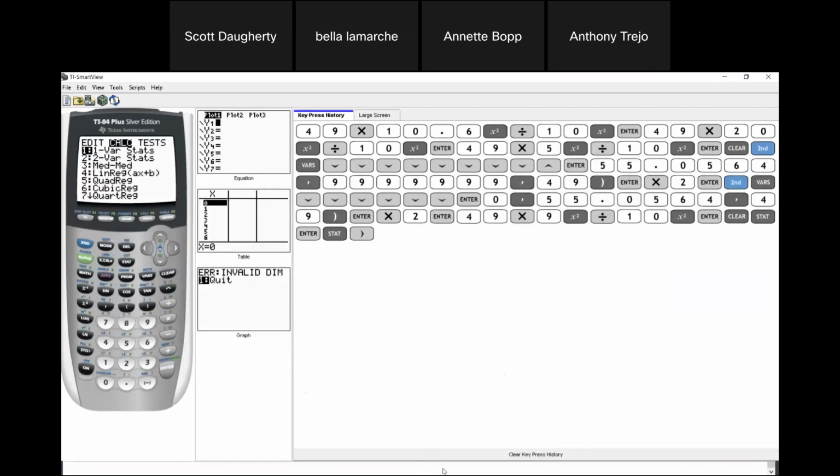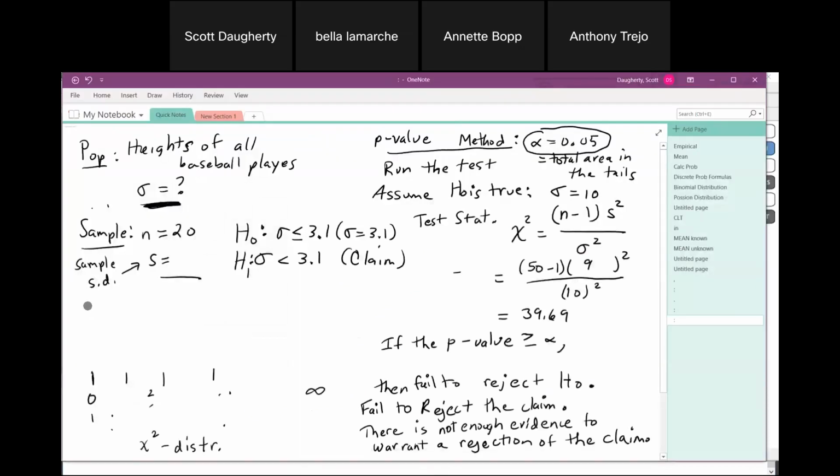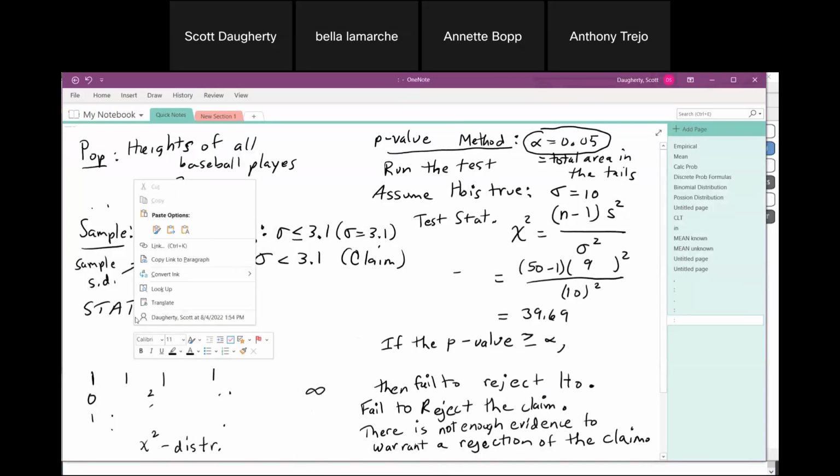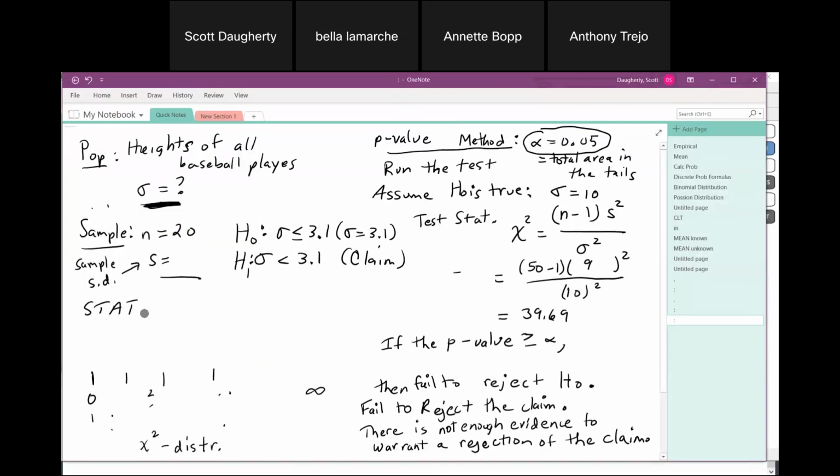That's how you're going to get the S. So you go to stat, calc, and one variable statistics. And if you scroll down to S sub x, that will give you the standard deviation that you need here, your sample standard deviation. And of course, you're going to have to put the 20 numbers into L1.